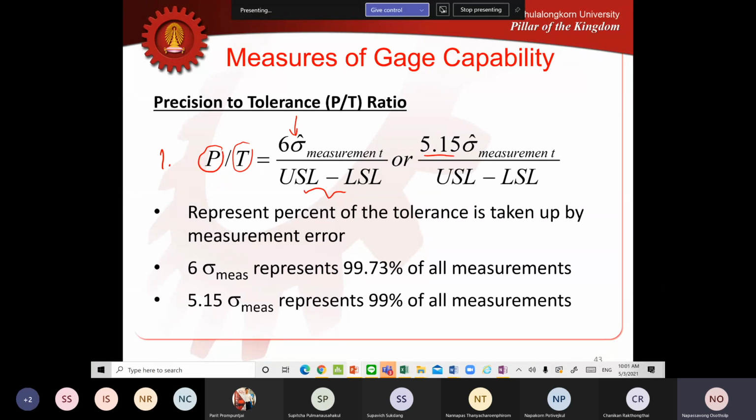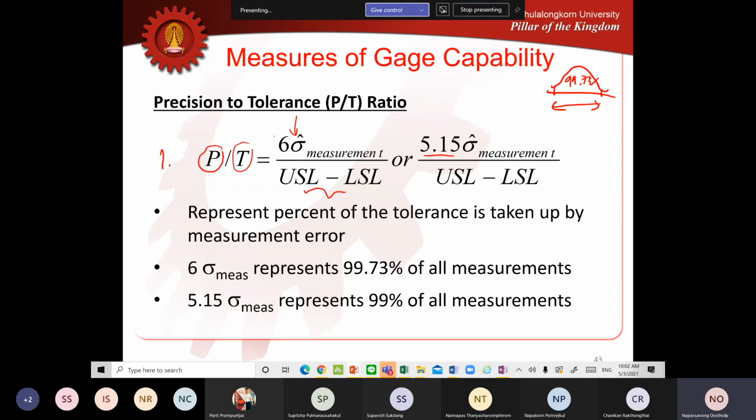If you have basic knowledge about statistics, you know that the 6 sigma range covers 99.73% of the variation of the measurements.